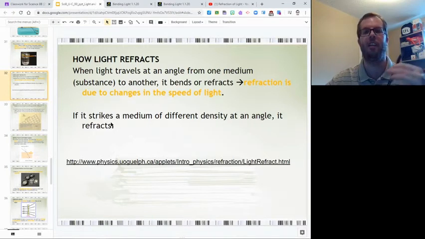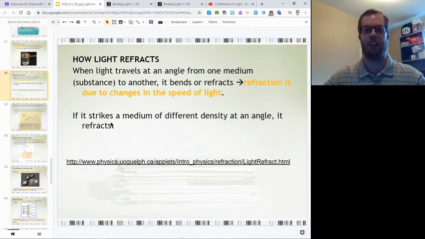So when you think of air going to water, light is slower than in a vacuum, but as it passes through the air into the water, it actually slows down even more. The density, if you will, of particles has changed.